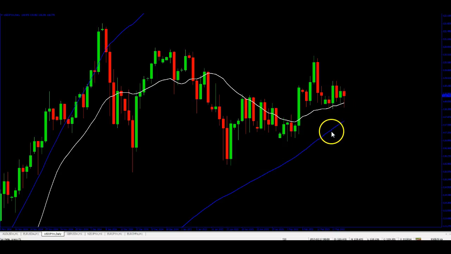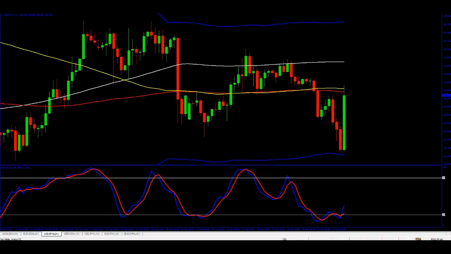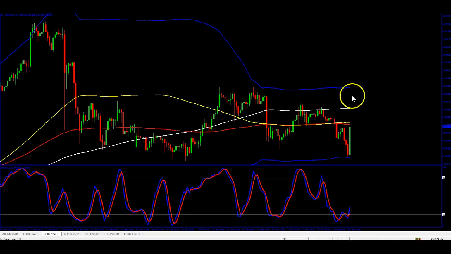The 100 Bollinger Band on the daily chart is still angled up nicely. So I'm going to take it as a guess. But if I get a candlestick formation off the top Bollinger Band, I will exit the trade manually, not on a take profit.